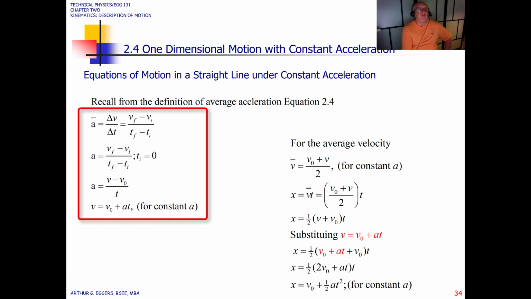So in this case, you can see we've got a definition for average acceleration. We've got a relationship then with acceleration over an interval with time initial equal to 0.